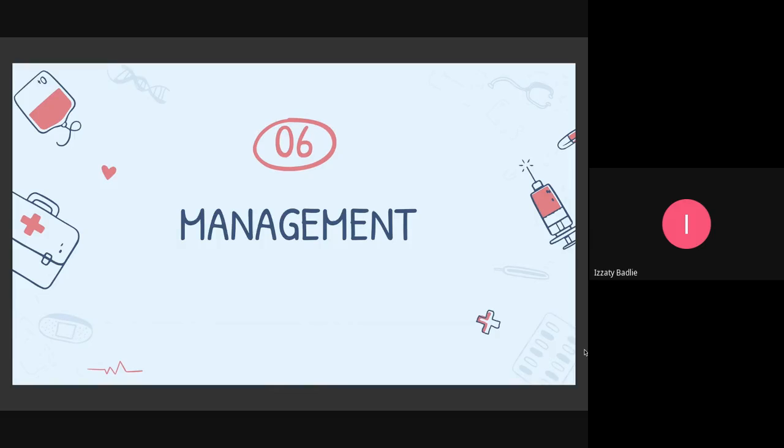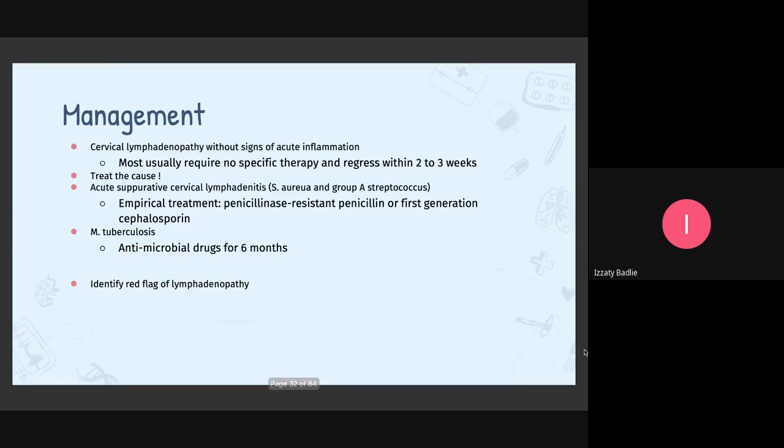Okay, next. So how do we manage a patient with lymphadenopathy? Basically, the management depends on the cause, so we need to treat the cause. But for cervical lymphadenopathy without any signs of acute inflammation, it usually will regress within 2 to 3 weeks. For example, for acute suppurative cervical lymphadenitis, we can give penicillinase resistant penicillin or first generation cephalosporin.